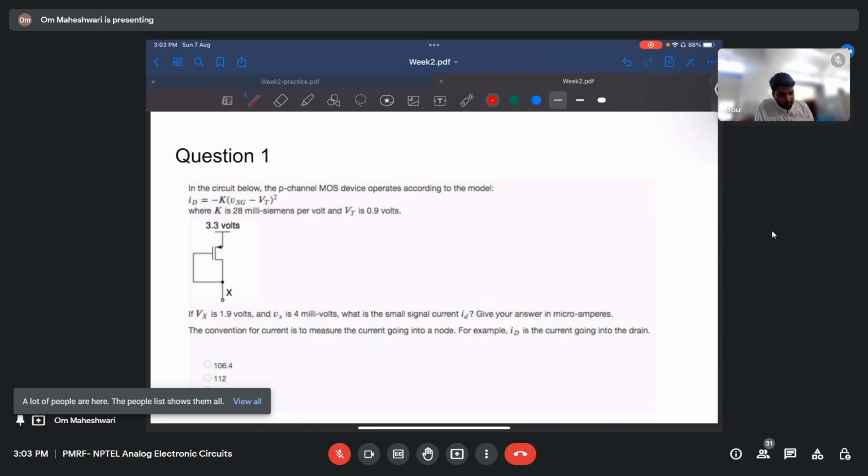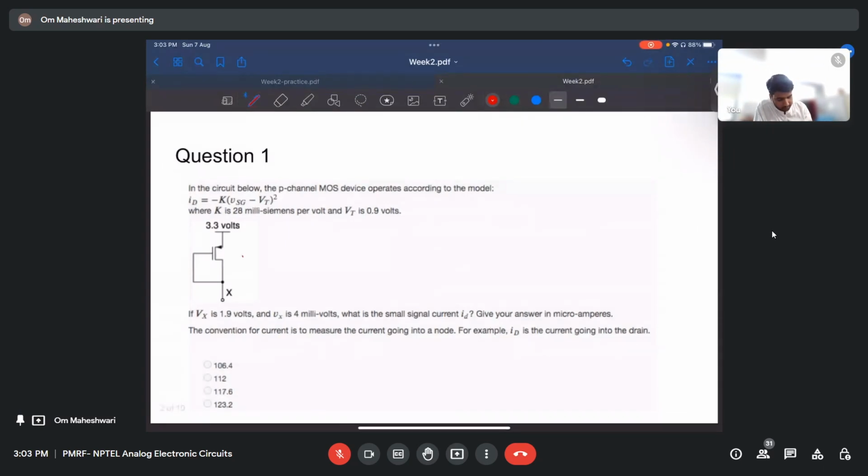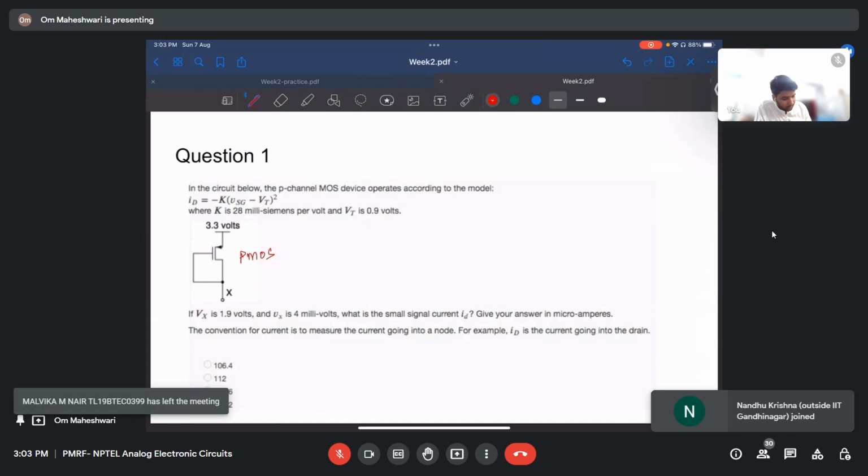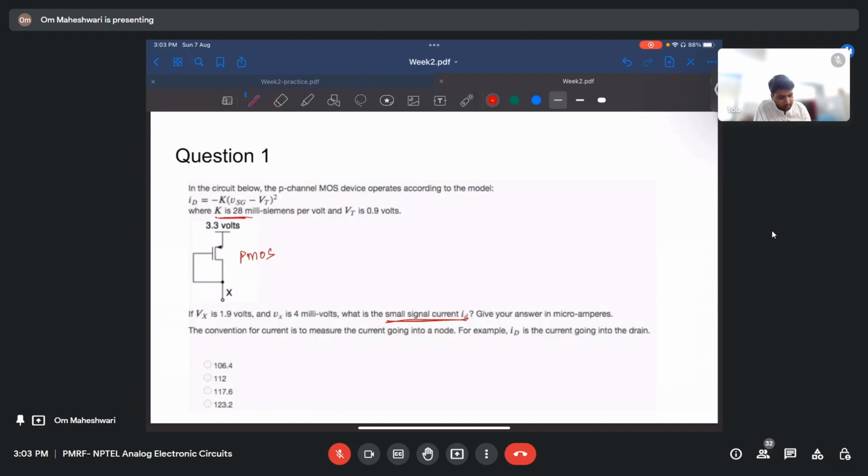So this is the first question. Here we have been given a PMOS. What has been asked is we have to find the small signal current ID. And we know that K is 28 millisiemens per volt. So what is the equation in saturation?